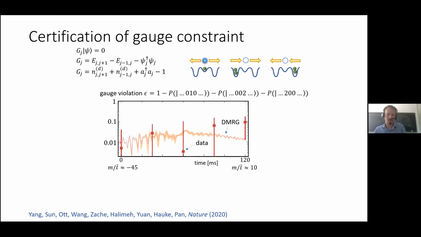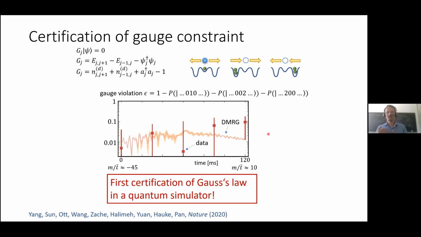You see that it's a log scale as a function of the sweep. They stay at a very low level, smaller than 0.1. So at least 90% of the configurations fulfill Gauss' law. Yeah, so that's already a very nice result. And it's the first time that Gauss' law was certified in a quantum simulator, which I find very, very nice.